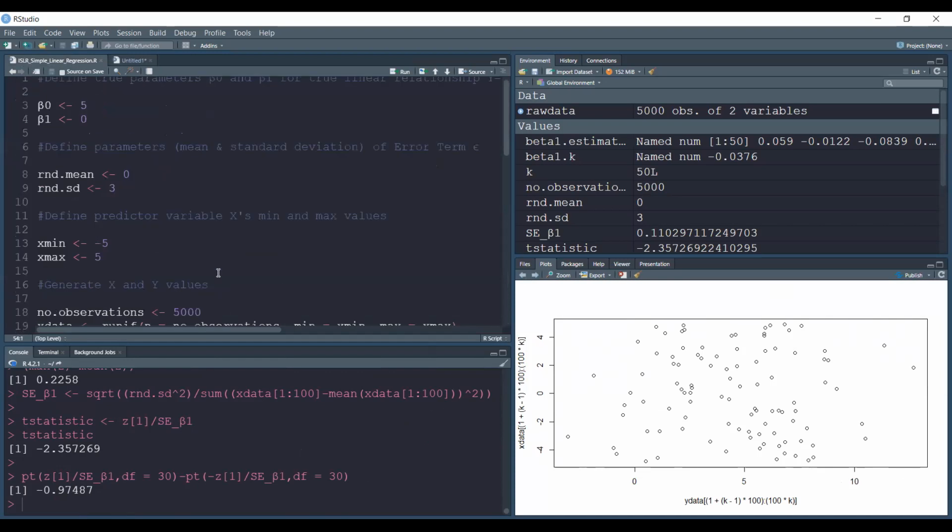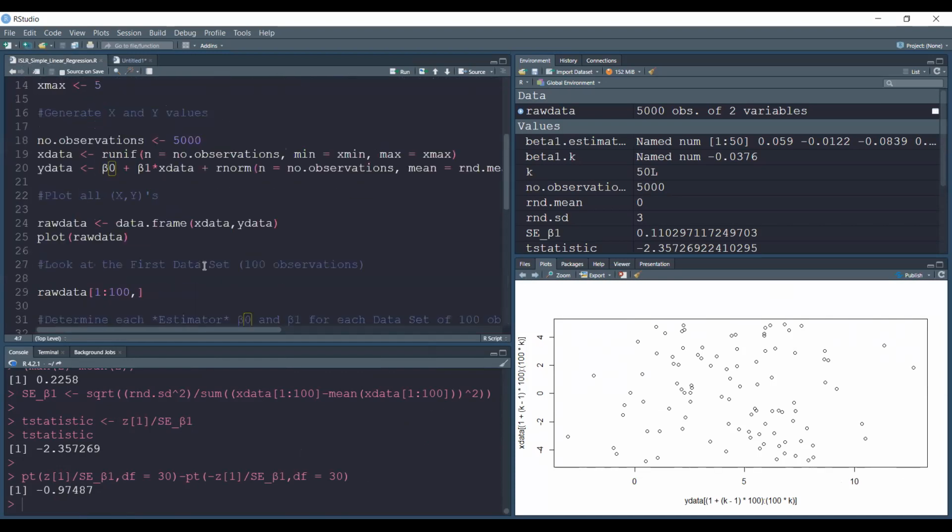Did I change the slope to 0? Yeah, I've changed the slope to 0.